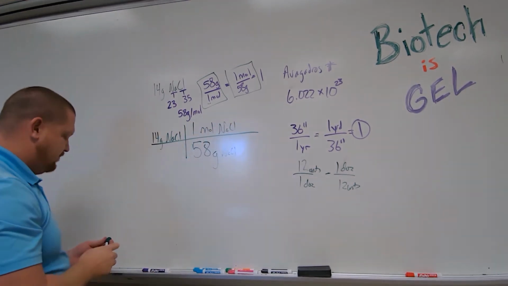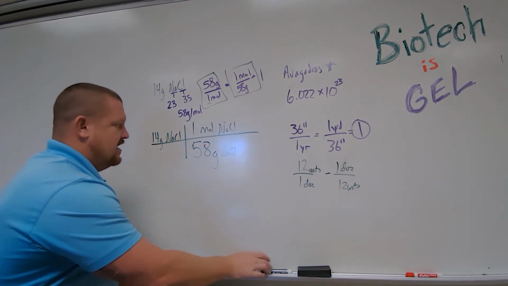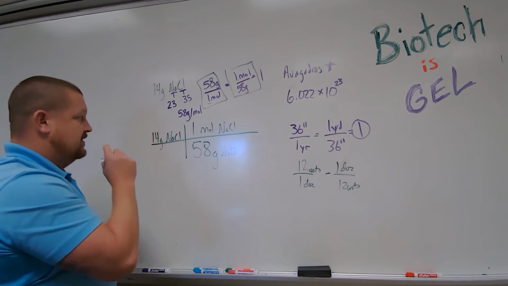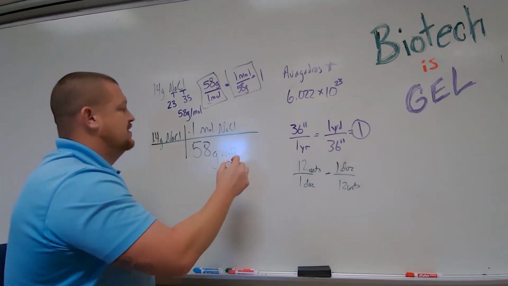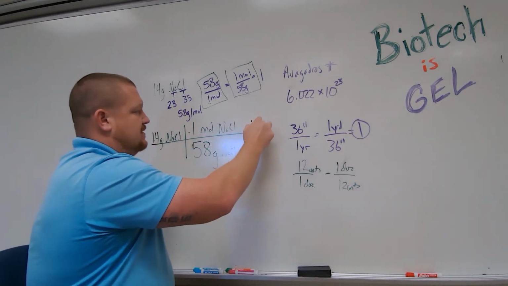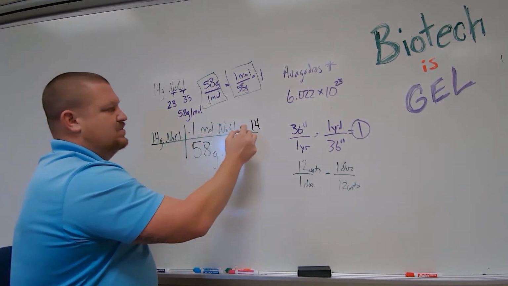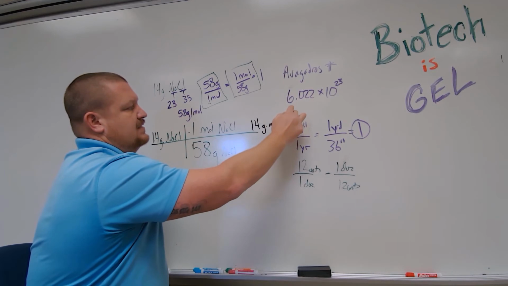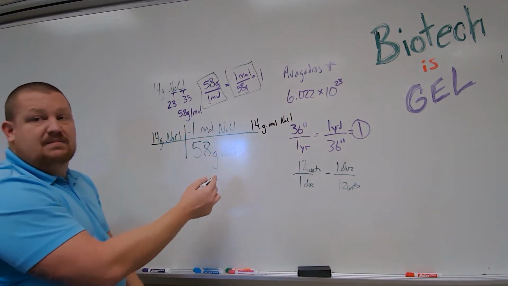Okay. So how you do this is you multiply the top first. So 14 times 1 is 14 grams, mole, NaCl. I multiply the bottom. There's nothing here.